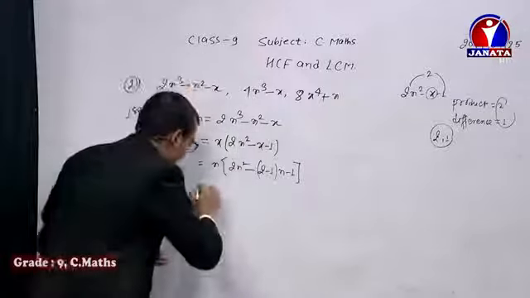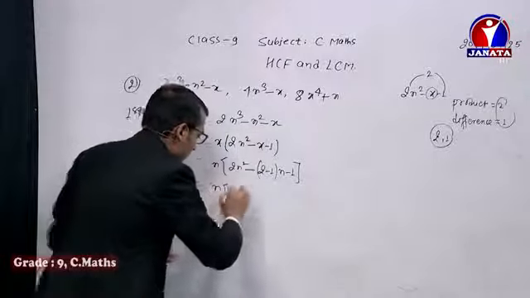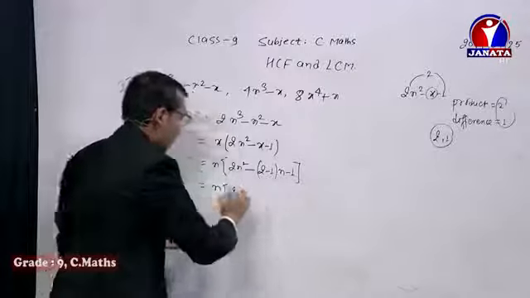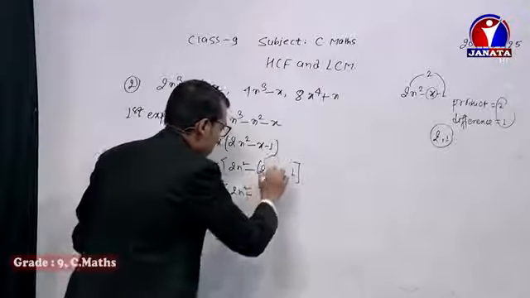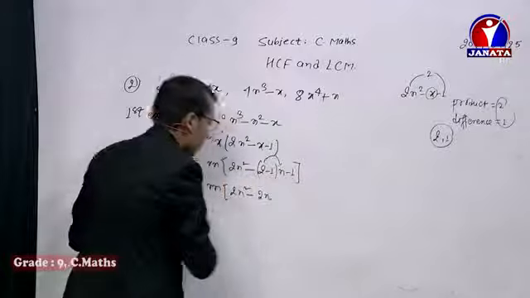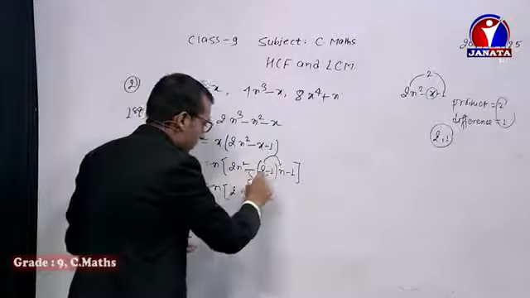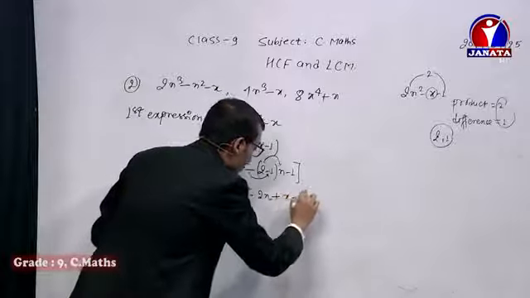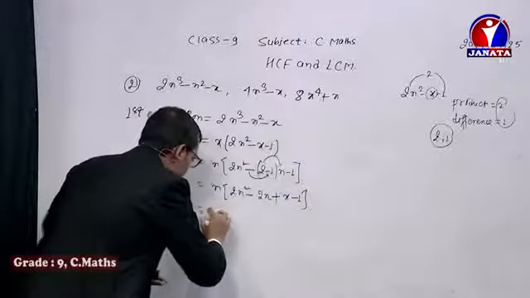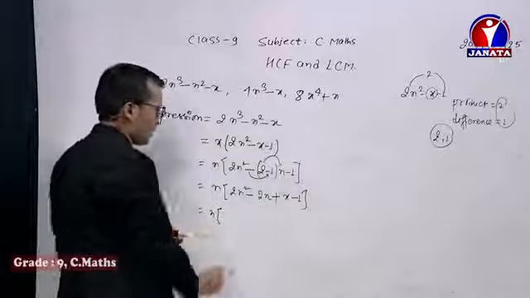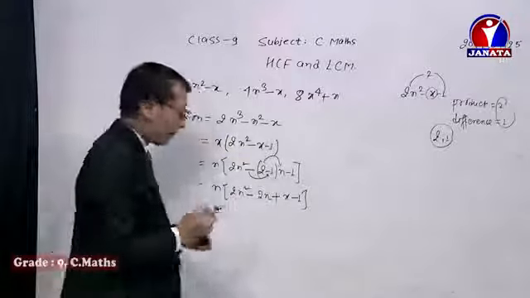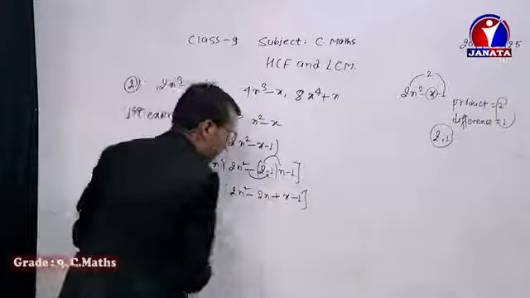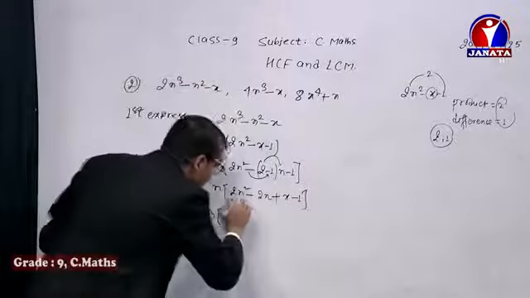Let's open the bracket. 2x square minus 2 multiplied by x is 2x, plus x minus 1.